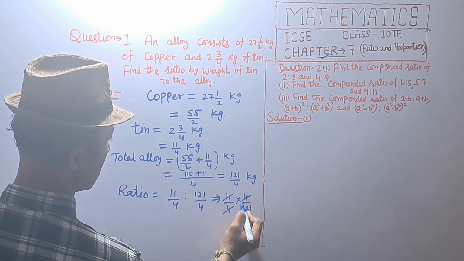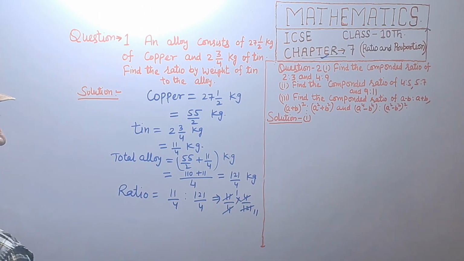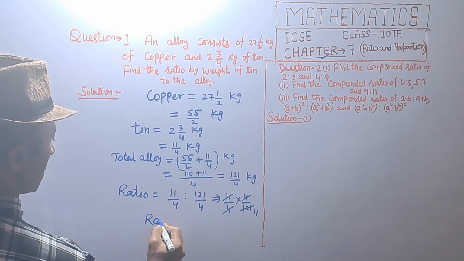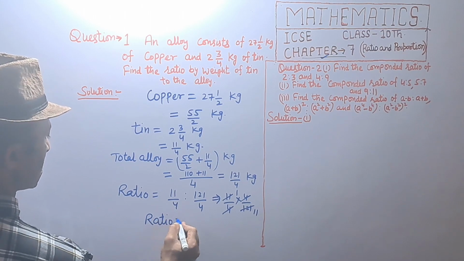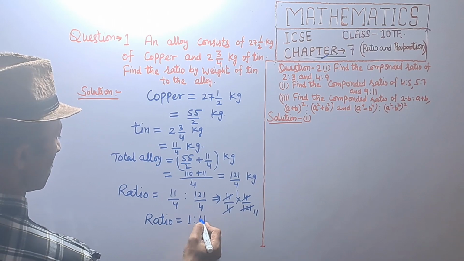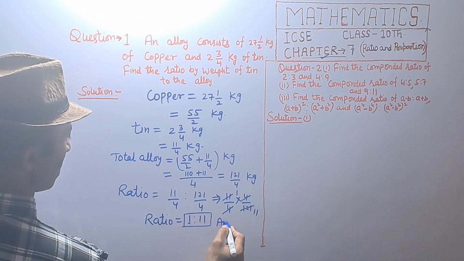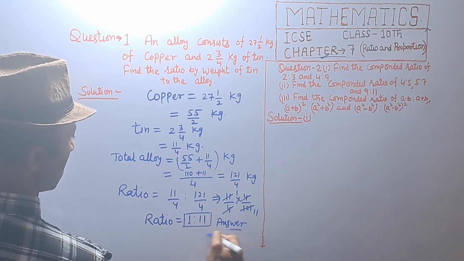This is cancel. 11 ones are 11 and 11 11s are 121. Ratio is equal to 1:11. Answer.